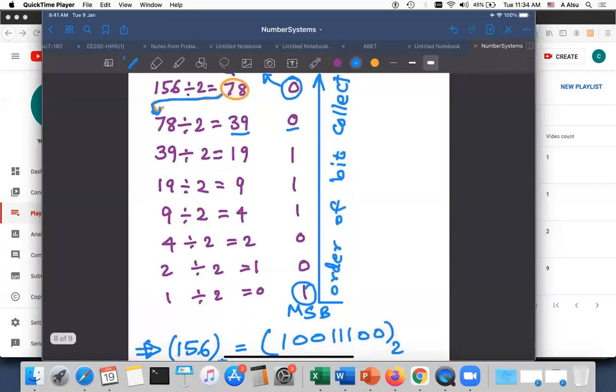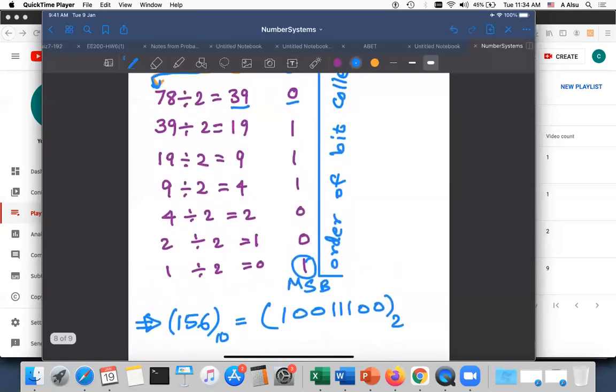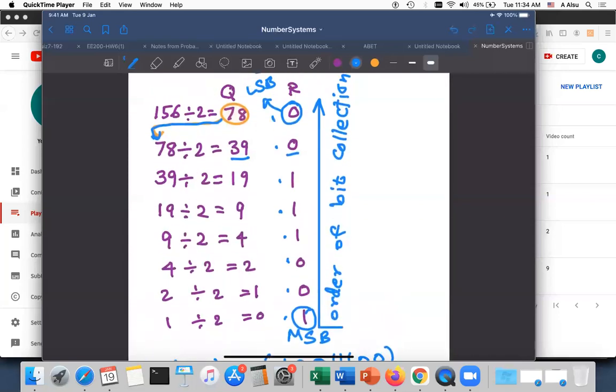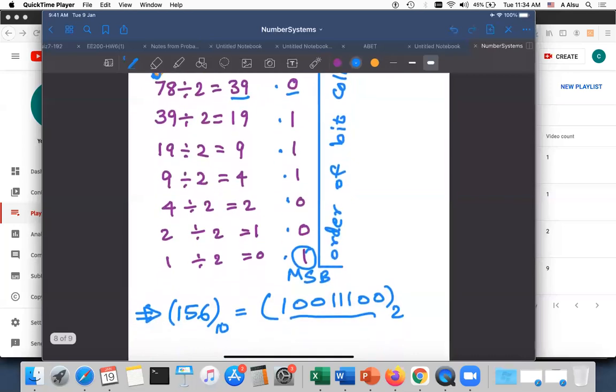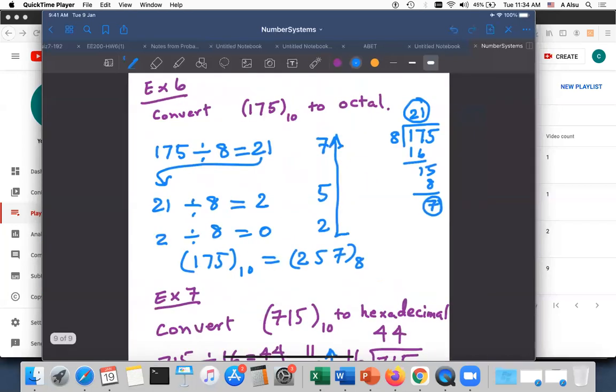So 156 in decimal is going to be 10011100. Now let's take a more involved example. Dividing by 2 for binary is simple, so let's divide by 8.